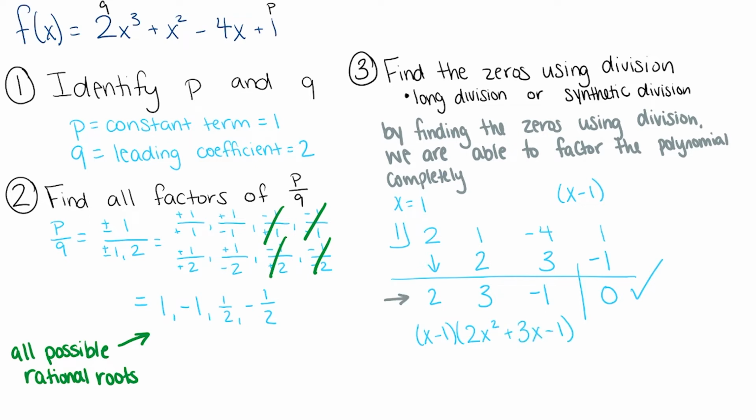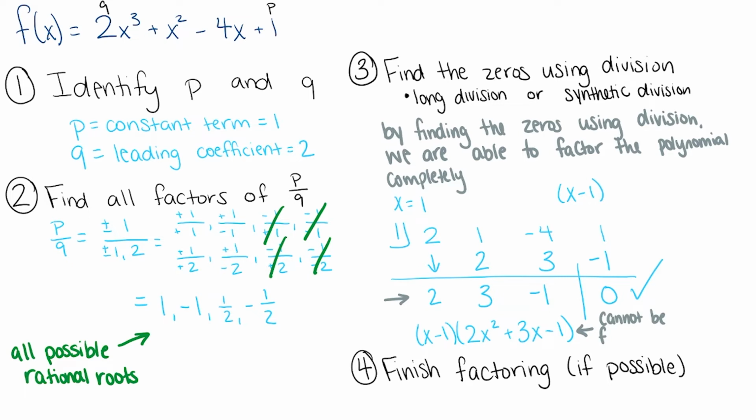When we do synthetic division, the numbers we get at the bottom become our new coefficients for our polynomial. The last step in this process is to finish factoring if possible. In this case, this polynomial cannot be factored further, so our final answer and our final factored form for our polynomial is x minus 1 times 2x squared plus 3x minus 1.